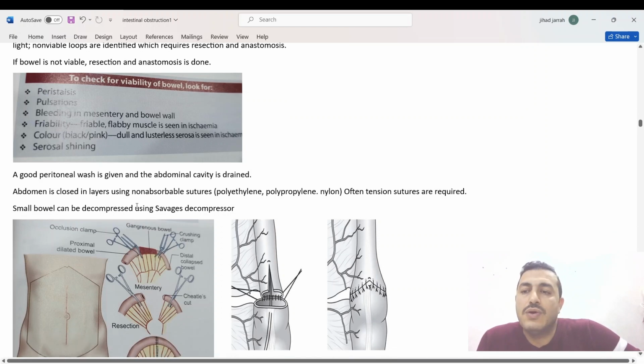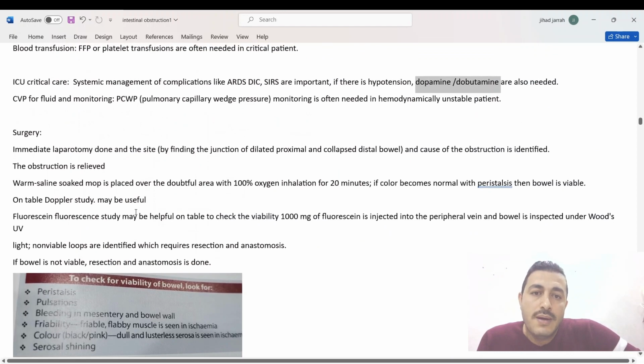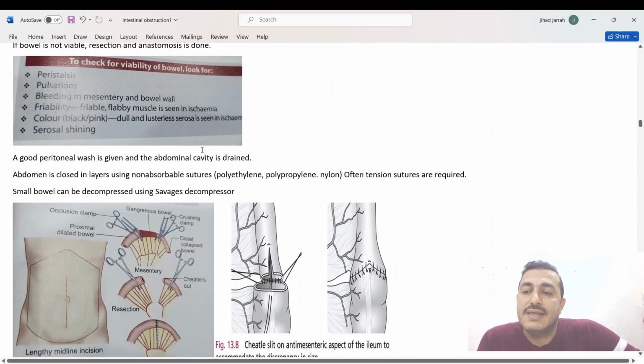The color also. They said that we can put a warm mop on the bowel so it will regain its color, if the viability is questionable. Here a warm saline mop is placed over the affected area with 100% oxygen for 20 minutes and reassess.